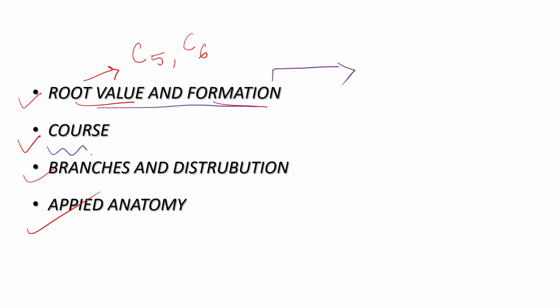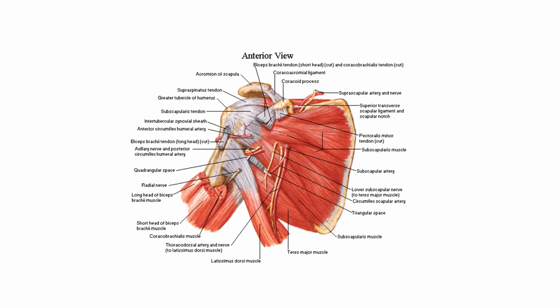Regarding the course of the axillary nerve, once the axillary nerve enters the axilla from the posterior cord of the brachial plexus, the nerve enters the axilla descending down.